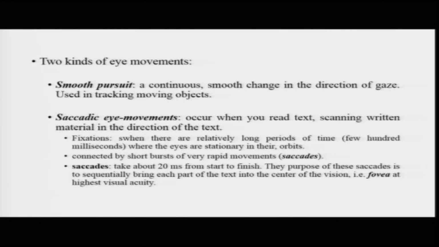Saccadic eye movements have quite a few features. There are relatively long periods of time where the eyes are stationary in their orbits. They are not really moving a lot. And these are connected by very short bursts of rapid movement. So, your eyes are stationary for a bit, and then they move to the next point, and then to the next point, and then to the next.